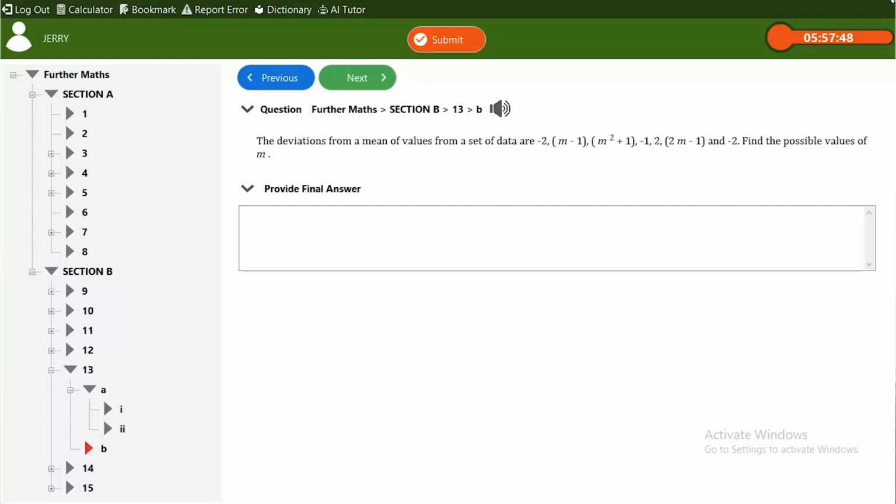This question says deviation. The sum of deviations from the mean equals 0.